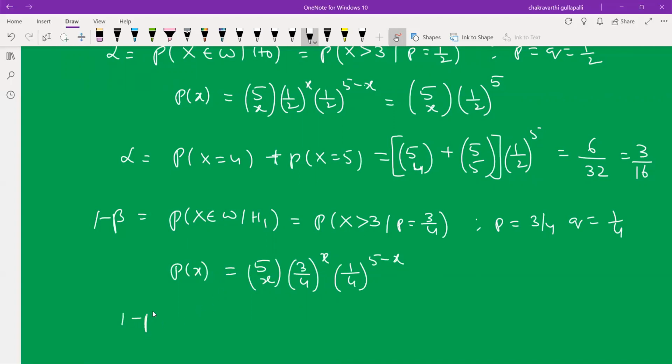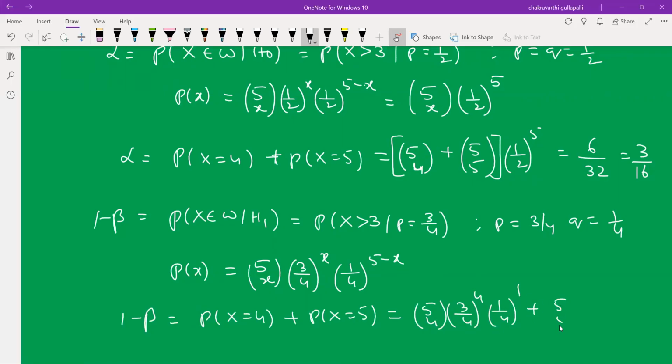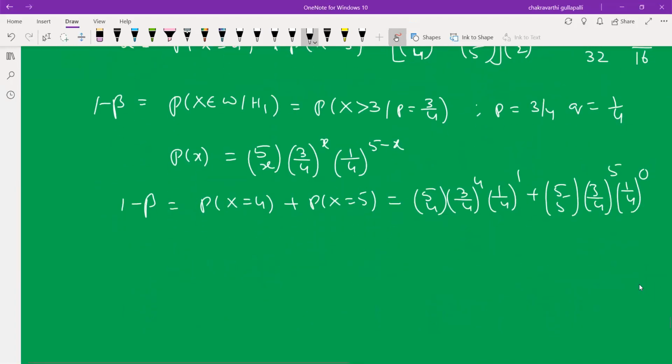Now, 1 minus beta is equal to x greater than 3, means x equal to 4 plus x equal to 5. X equal to 4: 5C4 3 by 4 whole power 4, 1 by 4 whole power 1, plus 5C5 3 by 4 whole power 5, 1 by 4 whole power 0. 5 minus 5, 0.